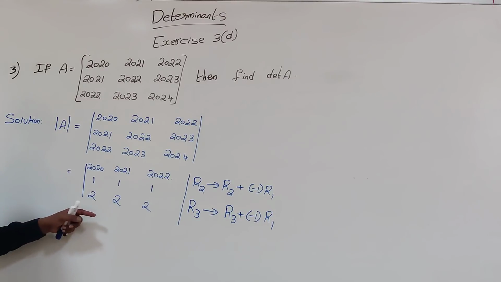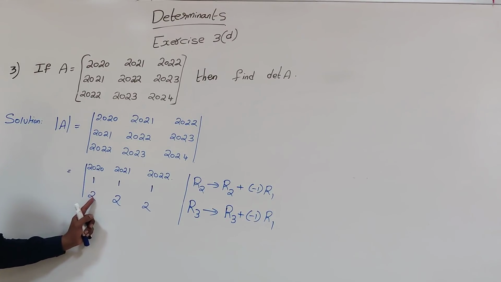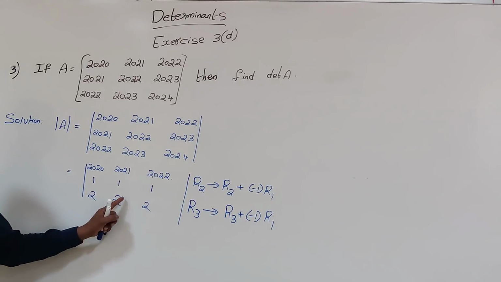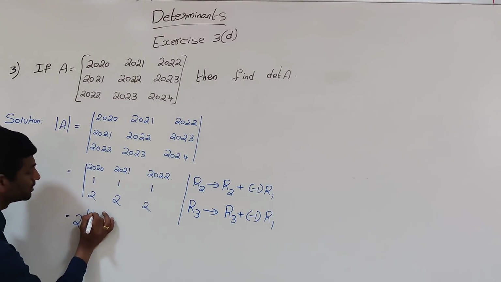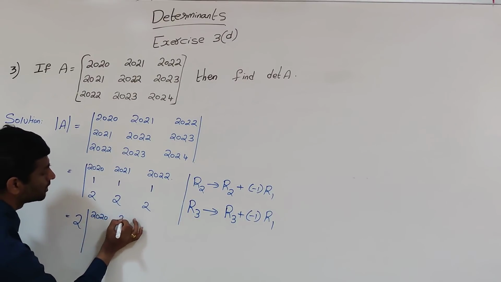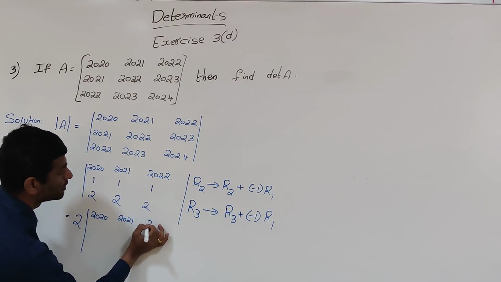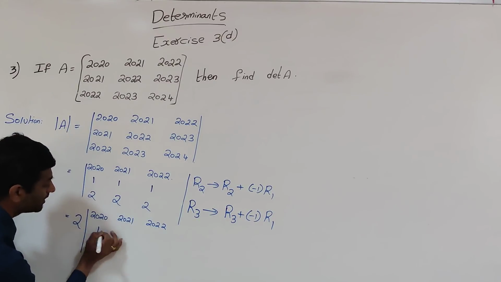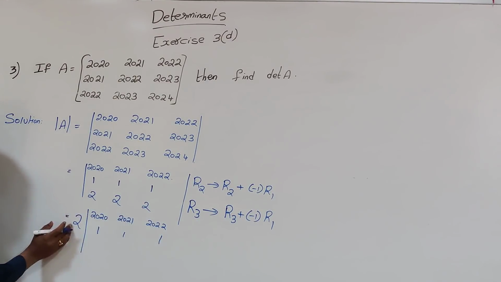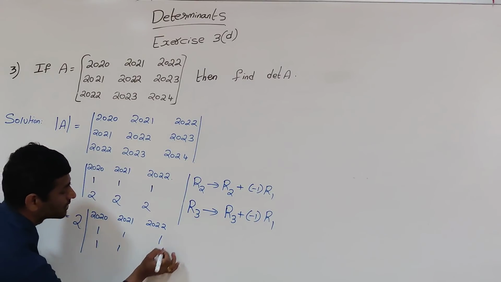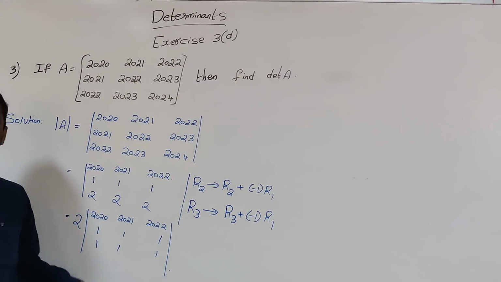What is k here? 2. Because these can be written as 2 into 1, so we can take 2 out, leaving 2020, 2021, 2022, 1, 1, 1 and then 1, 1, 1 for row 3.